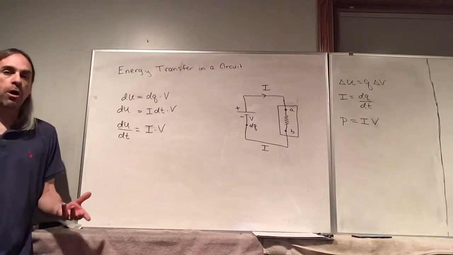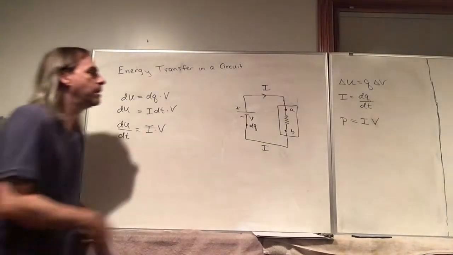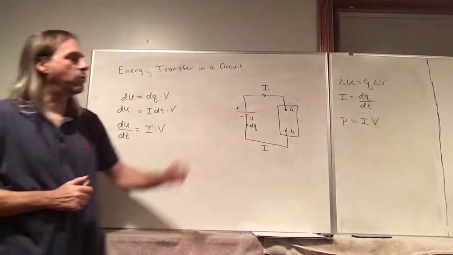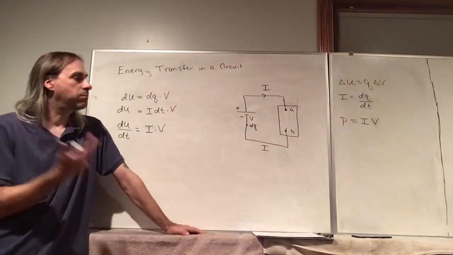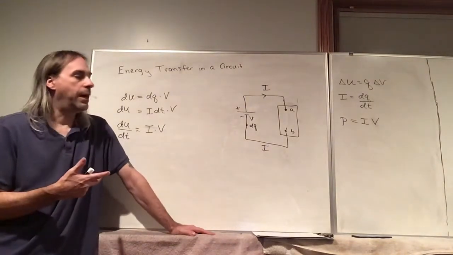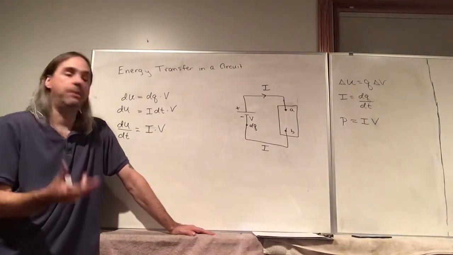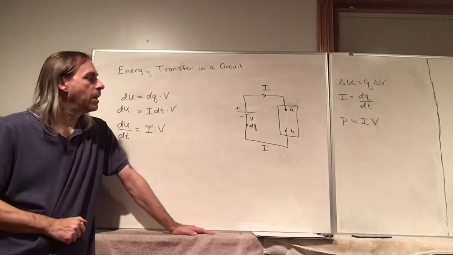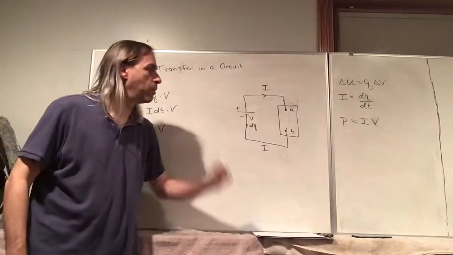There could be a light bulb, which would generate some heat as well. But if you have a source of light, like an incandescent light bulb or an LED, then that energy would mostly go into electromagnetic radiation. This device could be a computer.